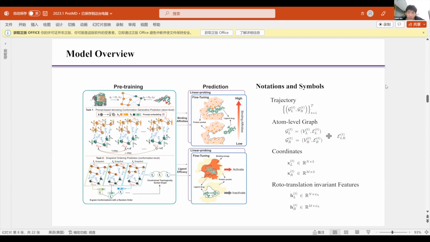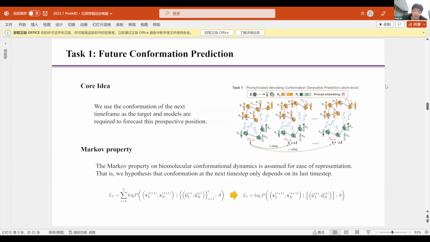Each graph has nodes and edges. Besides that, you also have the edges between the ligand and the receptor. And each node has 3D coordinates and rotation-translation invariant features, right? That is the basics of graph neural networks.